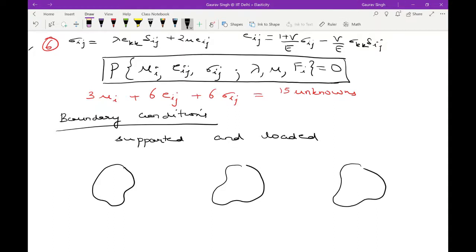Okay, so let's call one the traction. So S is the surface, R is the bulk, and the other is the displacement condition.